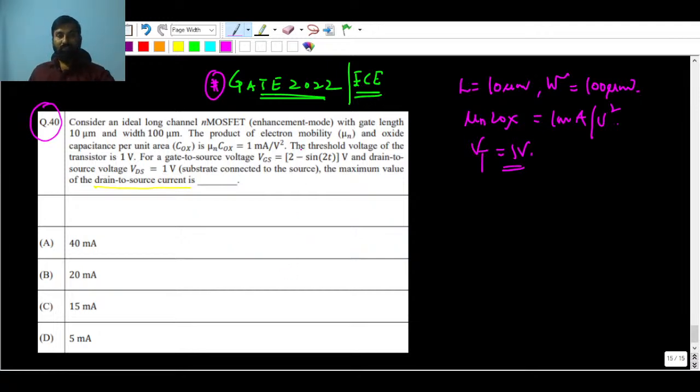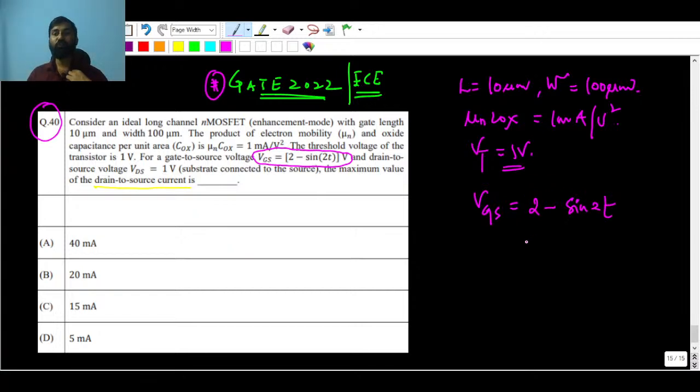Now this is the culprit here. This makes everyone confused, because they have given DC plus AC. Your VGS is DC plus AC. So your gate to source voltage is given as VGS equal to 2 minus sine 2t.